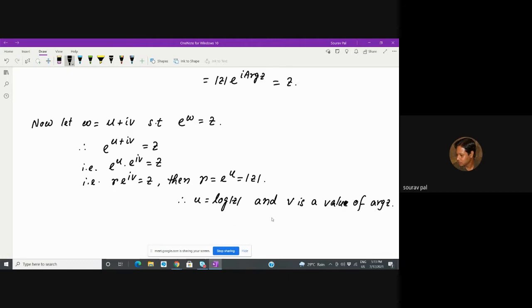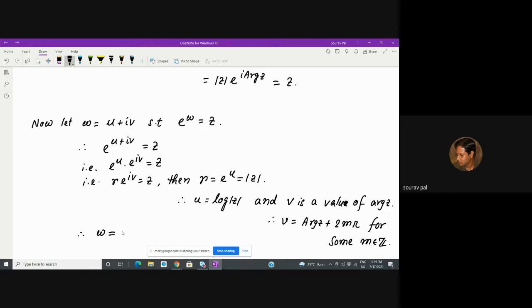Therefore, v is the principal argument of z plus some 2m pi, for some integer m.